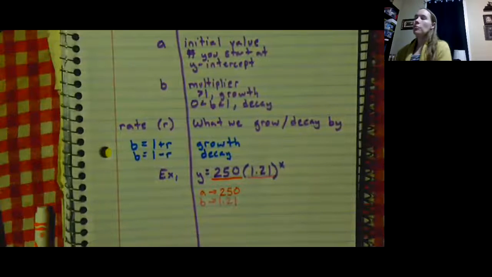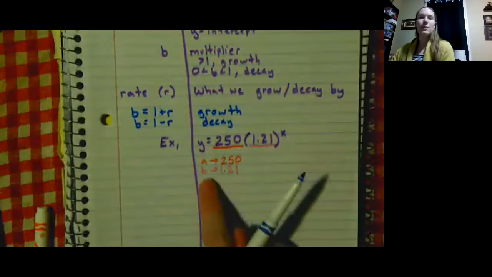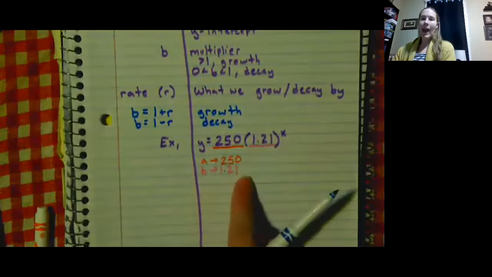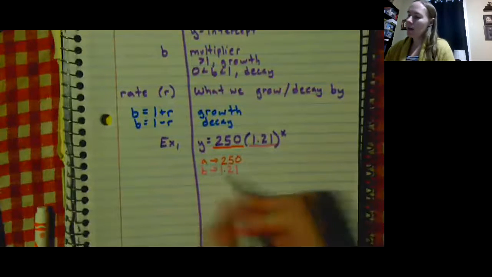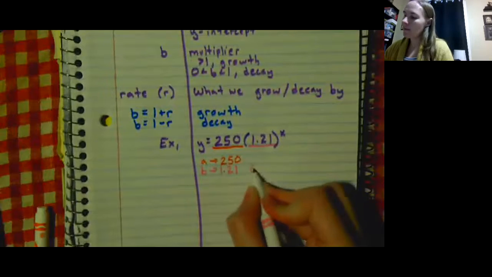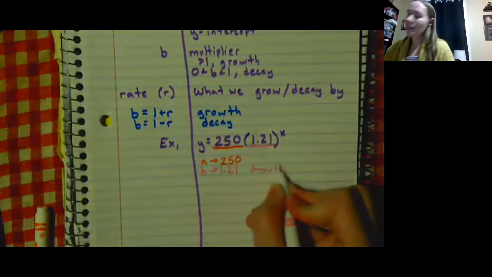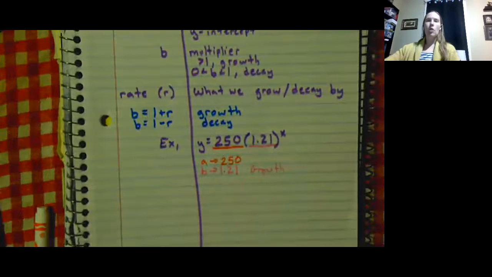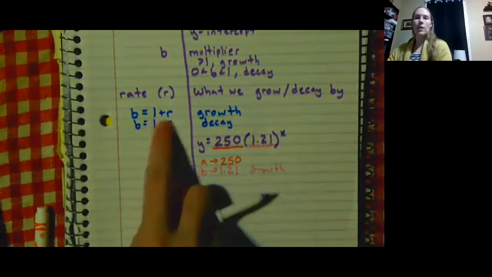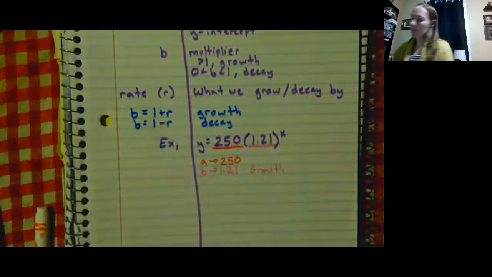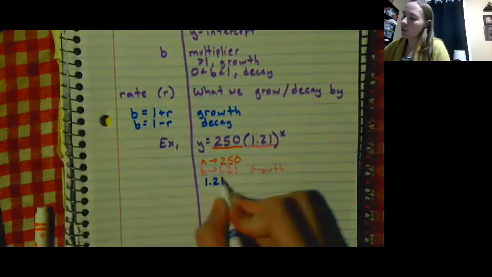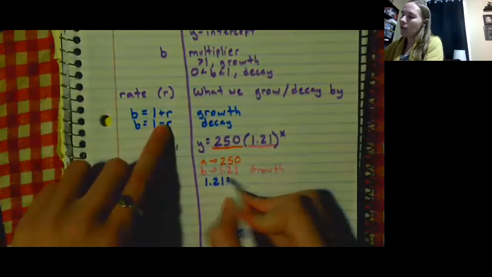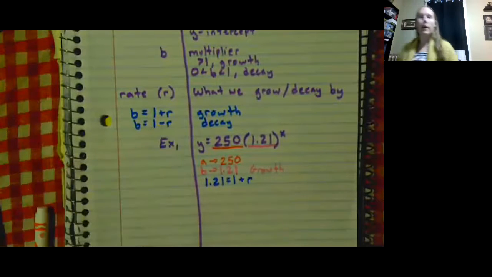Lastly, to find the rate, we have to use this b. And when we look at this, we need to think, are we growing or decaying? This is greater than 1, so it is growth. So we know we want to use this 1 plus r. Our b value is 1.21, and it would equal 1 plus r.